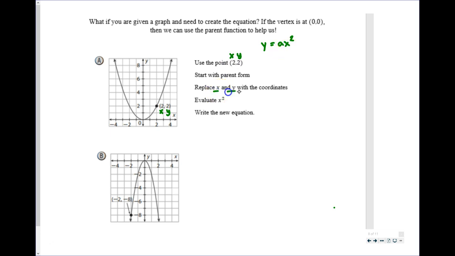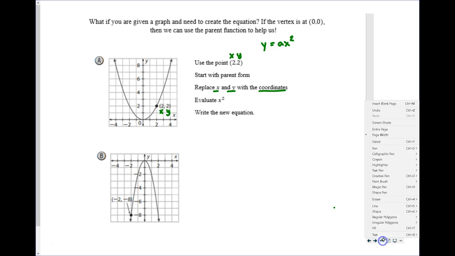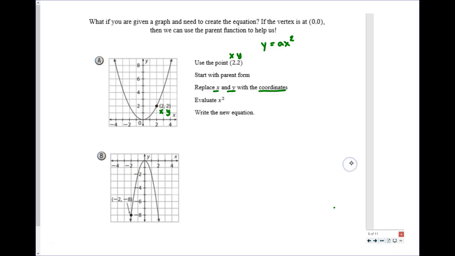I'm going to replace x and y with the coordinates. Okay? So here are my coordinates. I've got the 2 and the 2. So when I rewrite this equation, instead of y equals ax squared, I'm going to put 2 equals a times 2 squared. I'm plugging in for x and y, 2 and 2. Okay? Now I can just simplify this and solve. Bring down the 2.